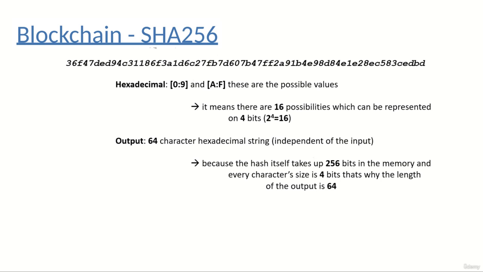This is why it is called SHA-256. And because every single character in the output is represented on 4 bits, the length of the output is 64, since 256 divided by 4 is equal to 64. So in the SHA-256 hashing algorithm, the output is always a 64-character long hexadecimal string.